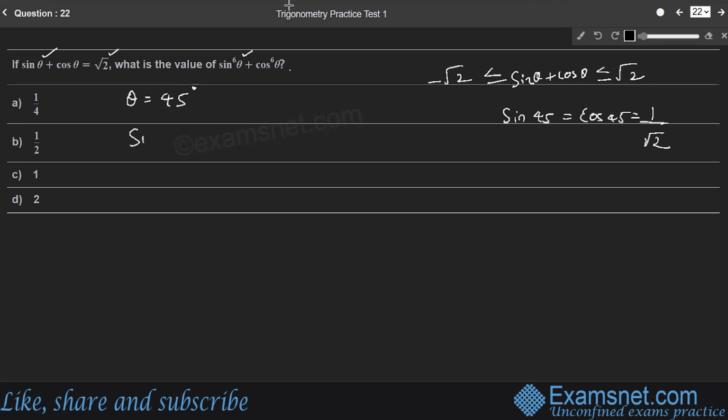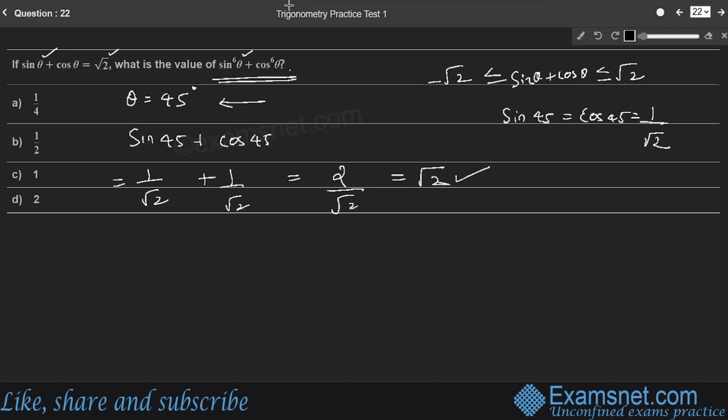So sin 45 degree plus cos 45 degree becomes 1 by root 2 plus 1 by root 2, which is 2 by root 2, equal to root 2, right? 2 can be written as root 2 into root 2, so one root 2 will get cancelled. So root 2 is the answer. For theta equal to 45 degrees, sin theta plus cos theta becomes root 2. Right? So here theta is 45 degree.